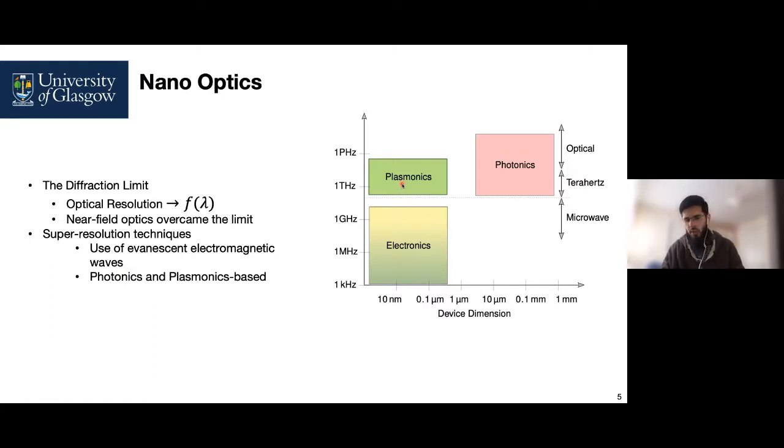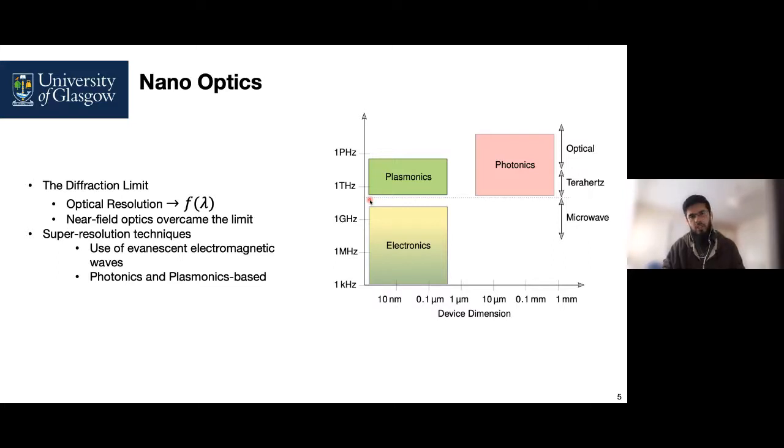Now, to give you an insight about the field of microscopy, we are physically limited by a problem called the diffraction limit, which says that the maximum optical resolution that we can obtain out of a conventional microscope is limited by the frequency or the wavelength at which we operate.